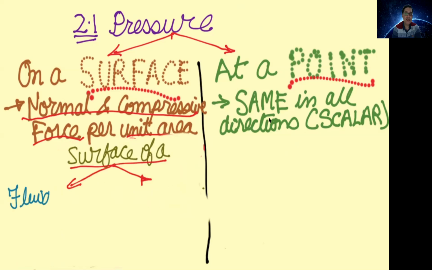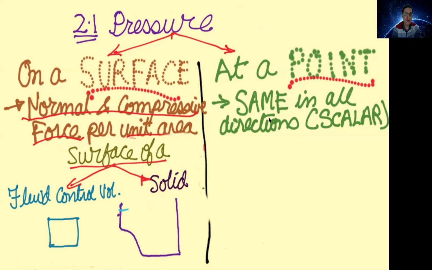So let us take a surface of a fluid and a solid. We are taking a surface within a fluid, a stationary fluid region. So let us take a fluid region or element which we call a fluid control volume. This is an elemental control volume which is shown of square shape of size delta x and delta y.